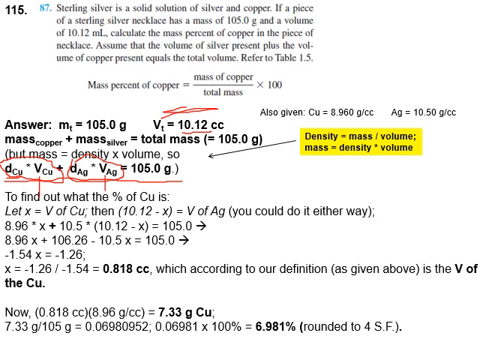All we have to do is substitute in the two values for the densities, which we saw on the previous slide. For this one we put x, and for this one we put 10.12 minus x. Then you only have one equation and one unknown, and that unknown is x. If you didn't know this already, this is something you learn in math, in linear algebra.